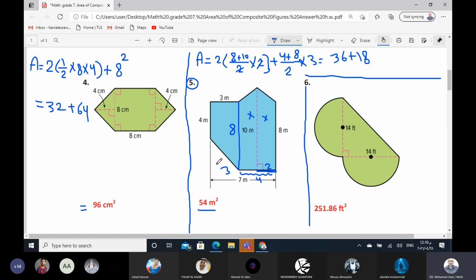Because if you draw this line, you will get a rectangle, so this side will equal this side. Mister, how did you find the area of the last trapezoid? This one. 4 plus 8, divided by 2, multiplied by the height. This is the height. So 4 plus 8, 12. 12 divided by 2, 6. 6 times 3 will be 18.